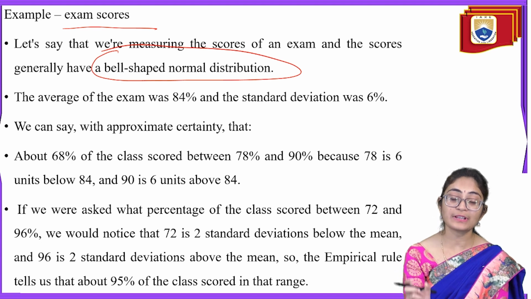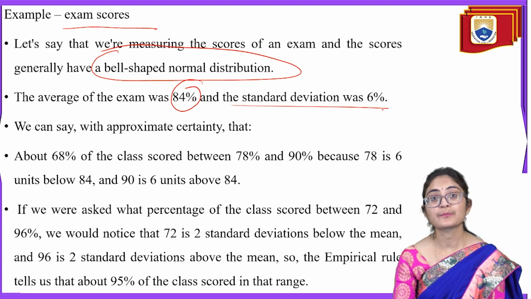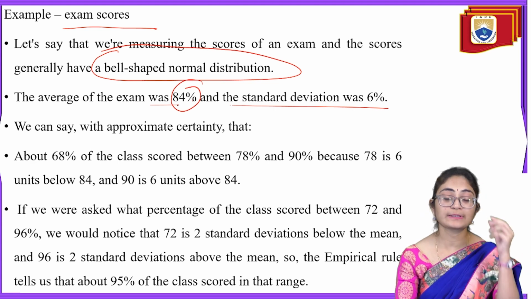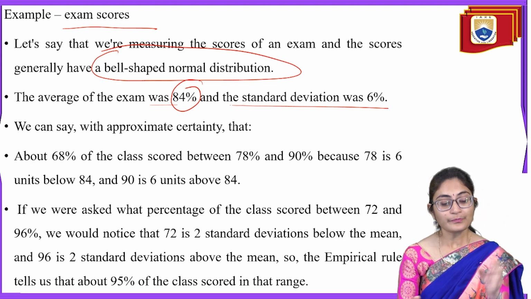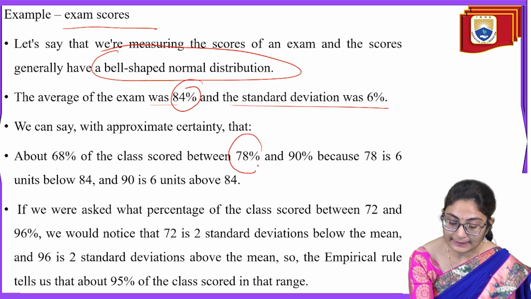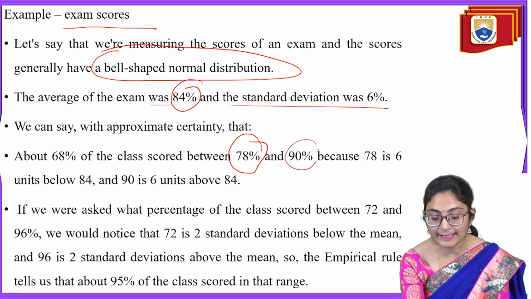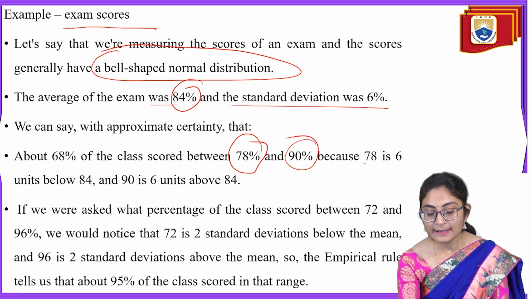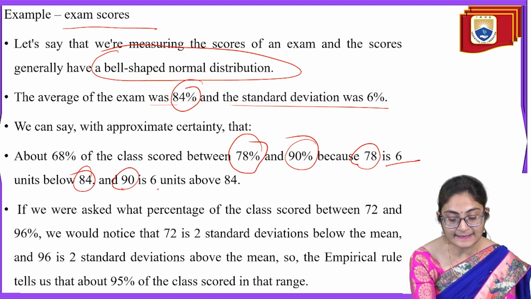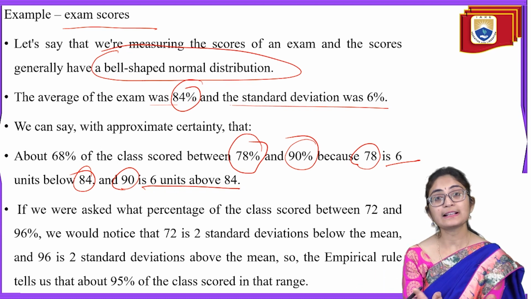The average of the exam is 84%, and the standard deviation is 6%. About 68% of the class scored between 78% and 90%, because 78 is 6 units below 84 and 90 is 6 units above 84. So this is your class deviation.